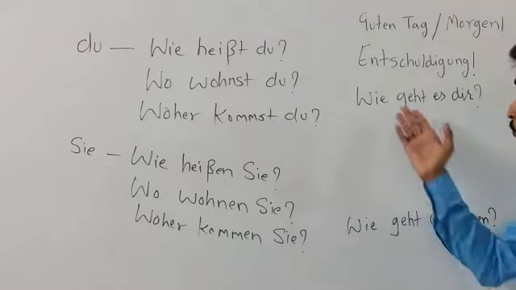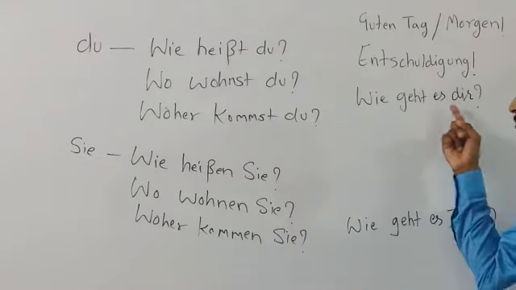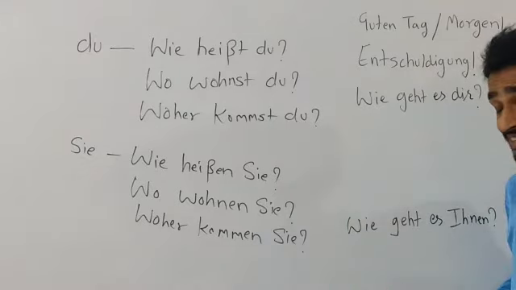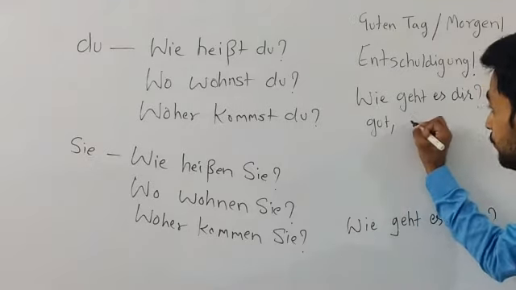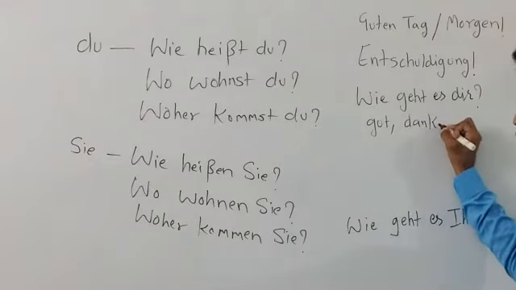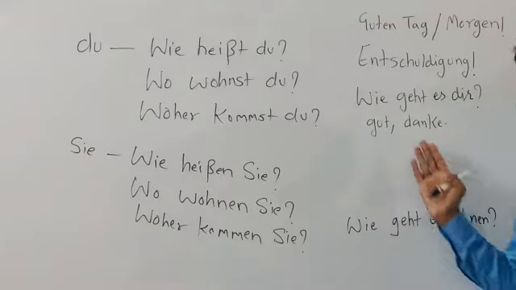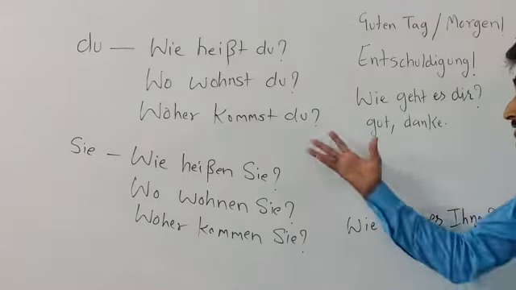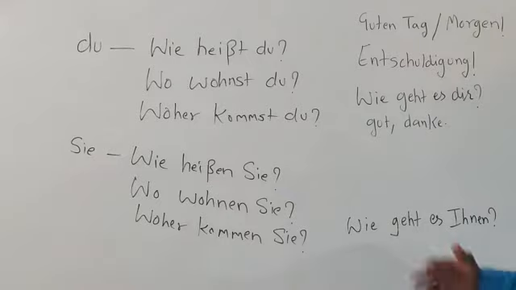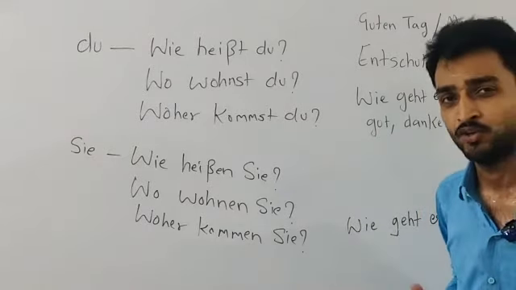How are you? Wie geht es dir? How are you? This is informal, this is formal. And the answer is Gut, danke. Good, fine, thank you. It is the same for both. The reply will remain the same. So this is the basic difference between formal and informal conversation. I hope you like it.